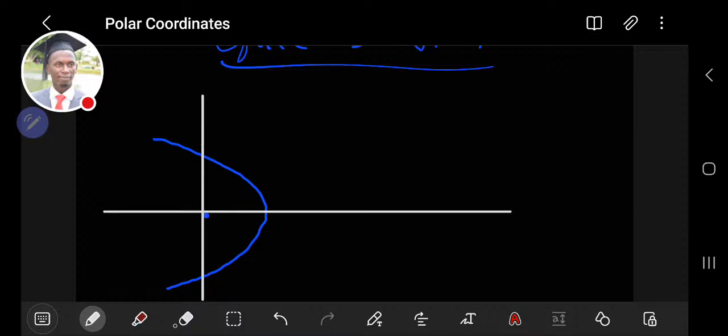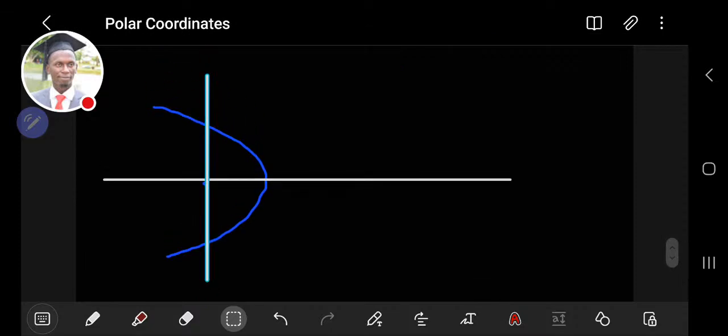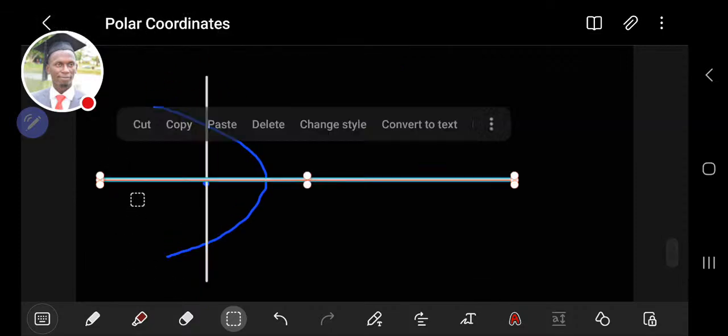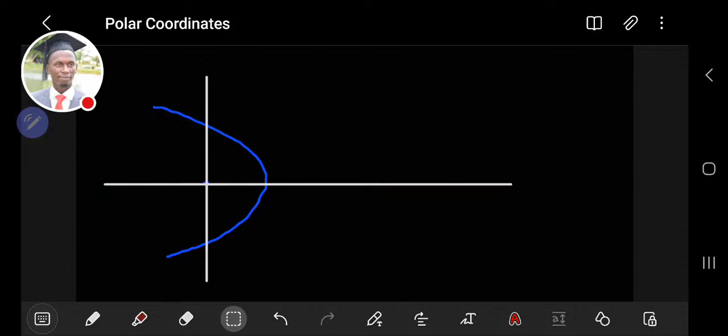So we make it such that, let me move this line instead. I think this line is fine. Okay, so I want to make it such that the origin of our coordinate axis is right along the focus of this parabola. With this in mind, we want to make a few deductions.